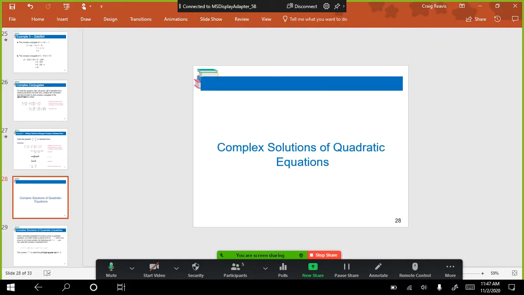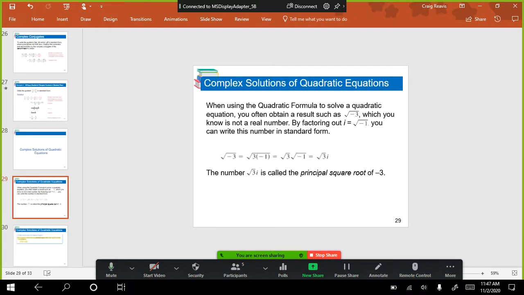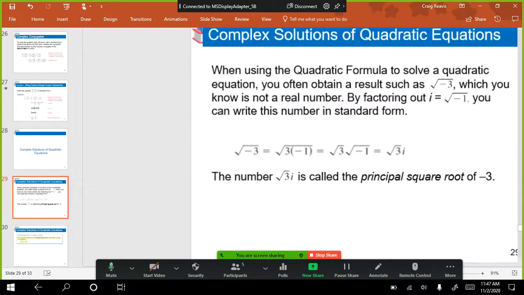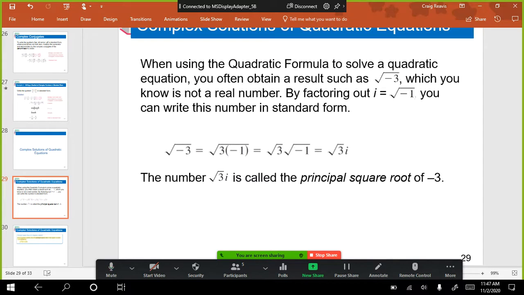Now, when we're talking about solutions to quadratic equations, this is where we have to bring in the imaginary part when we are solving an equation. So here's just a reminder. If we have the square root of -3, we cannot leave the negative inside the square root.